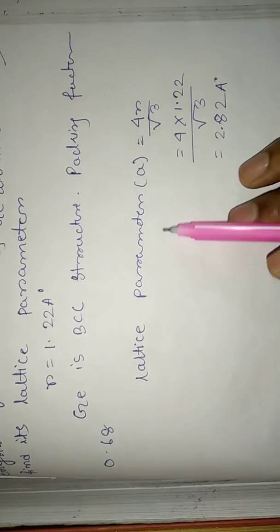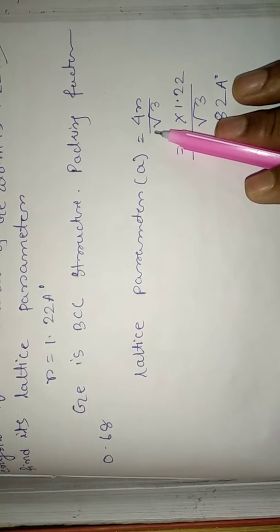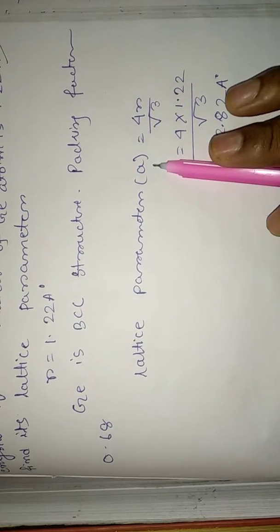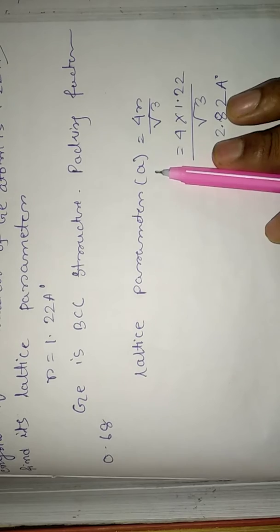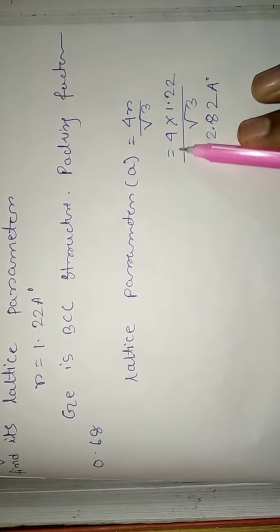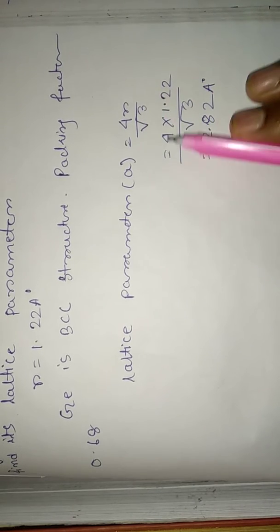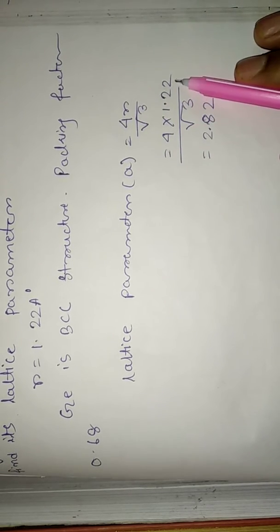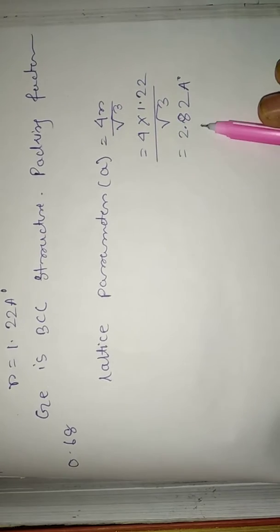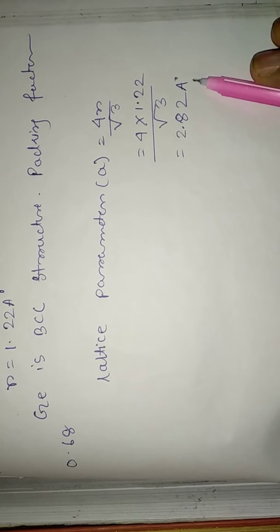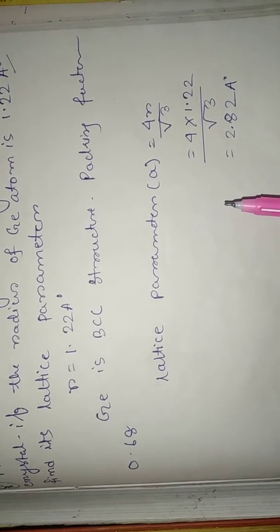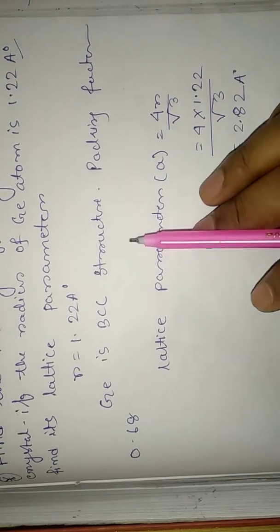As it follows the BCC, body center cubic structure, the relation between A, the lattice parameter, and the radius R is A equal to 4R by root 3. So A is equal to 4 into 1.22 divided by root 3, and the lattice parameter comes out to be 1.28 angstrom.